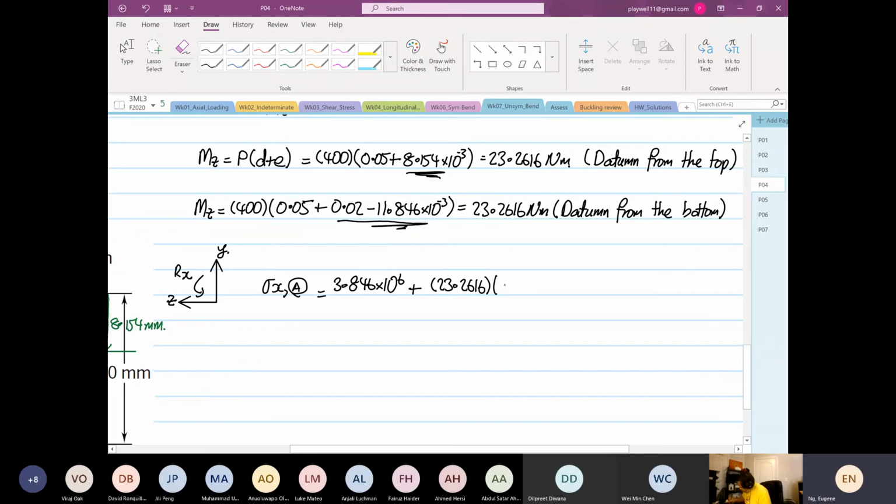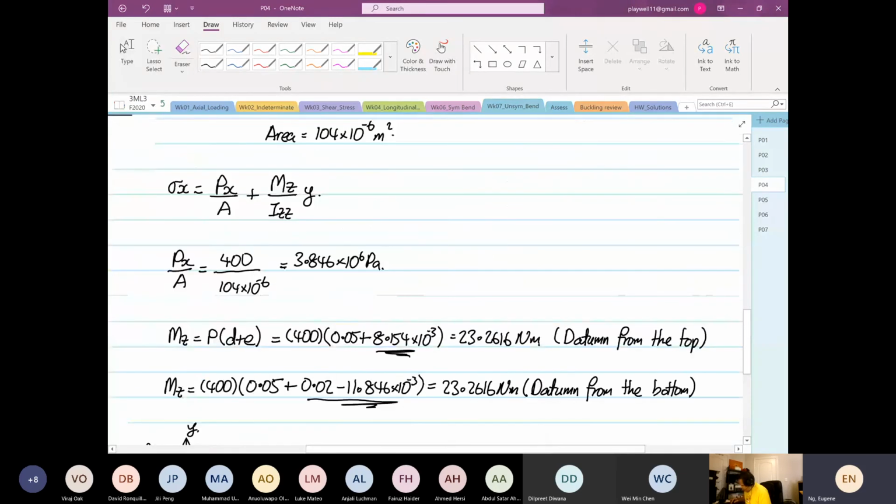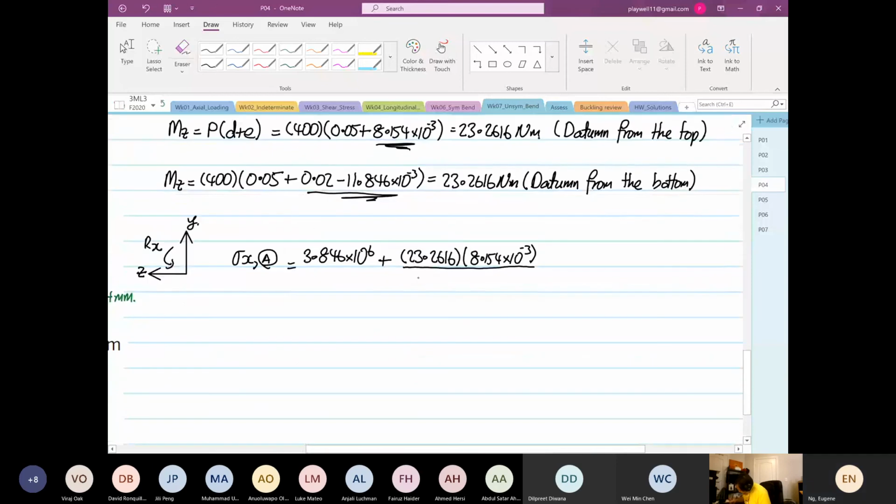The Y is 8.154 times 10 to the power minus 3, because this is the centroid, and point A is 8.154 divided by I. I mentioned that is 3.8802 times 10 to the power minus 9. So this will be 23.2616 times 8.154 times 10 to the power minus 3, divided by 3.8802 times 10 to the power minus 9, plus 3.846 times 10 to the power 6. So it's equal to 52.729.